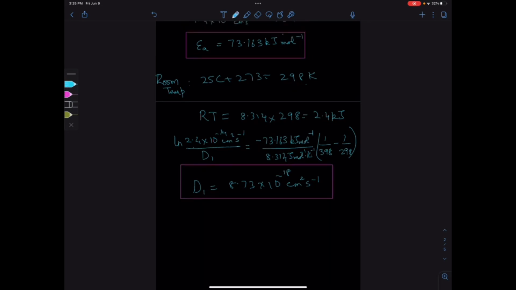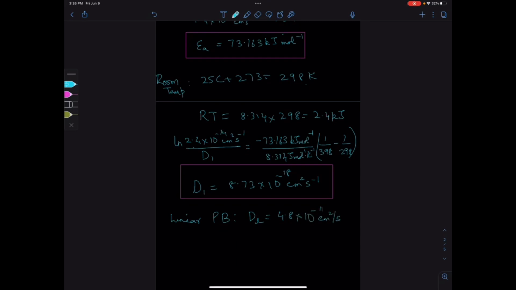If we look at table 5.9, we can see that the linear polymer, the linear polybutadiene, has a diffusion coefficient of 4.8 times 10 to the negative 11 centimeters squared per second.